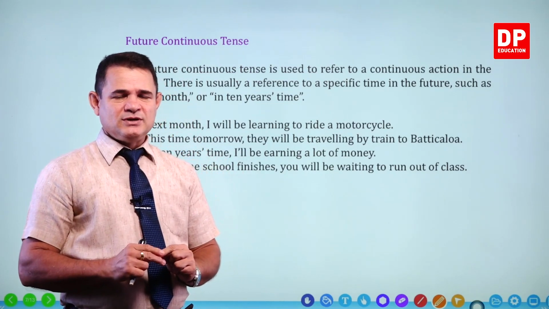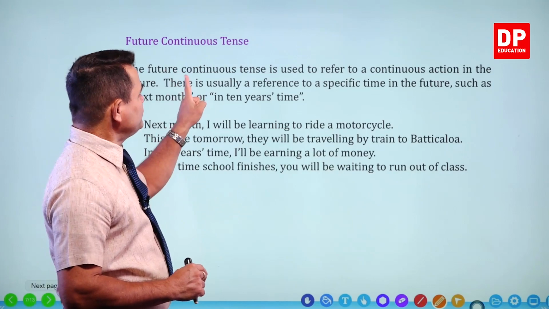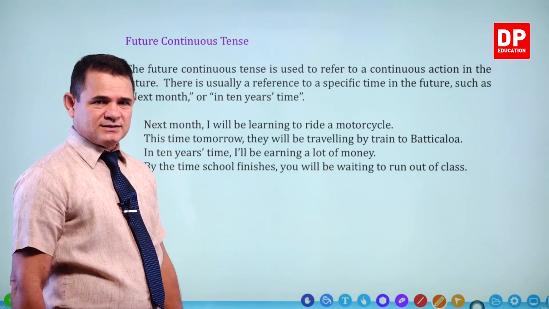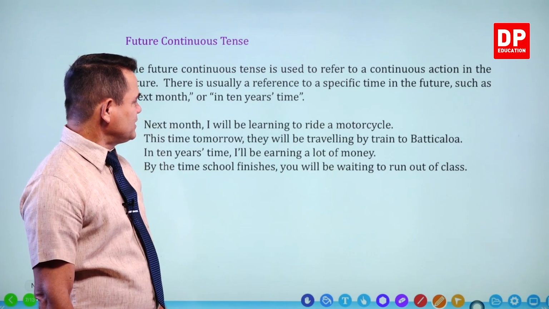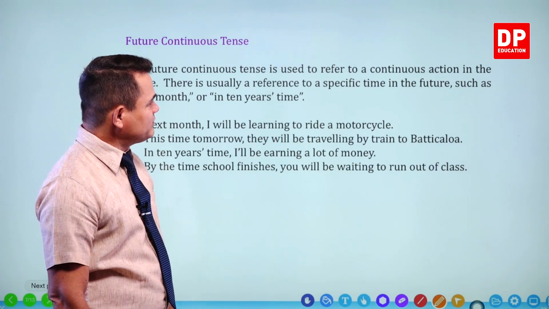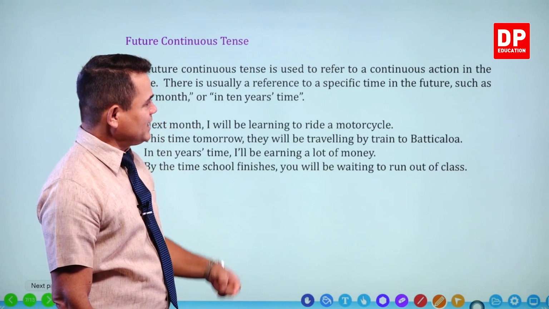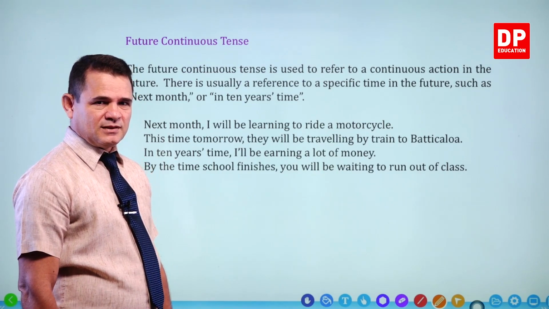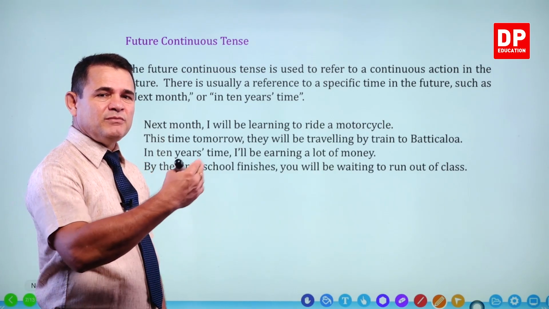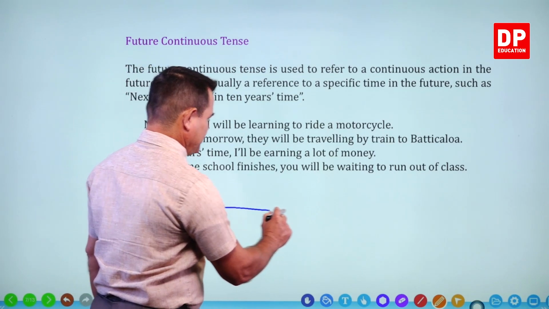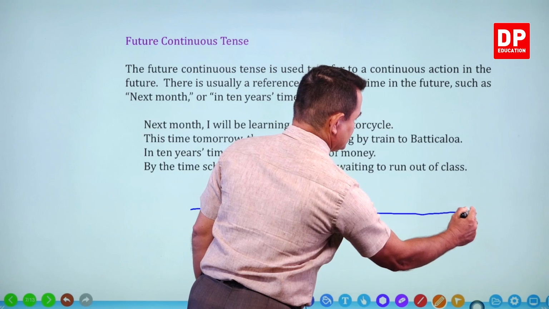Now we are going to learn future continuous tense. The future continuous tense is used to refer to a continuous action in the future, something that will be happening in the future. Now I'll show it in this way. We'll take this as a timeline.